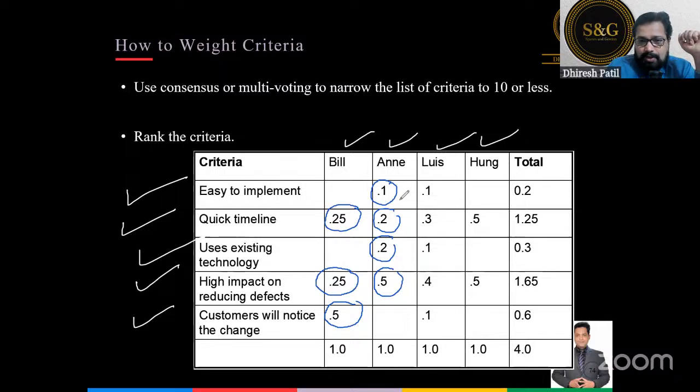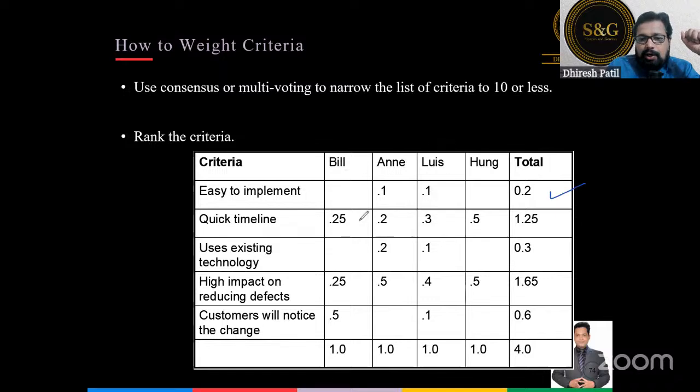Then Louis has given his weightage; the total should be 100. And Hung has given 50% to quick timeline and 50% to high impact. Now, what we do is we just add them. Look at this, this is all addition. This is the total.